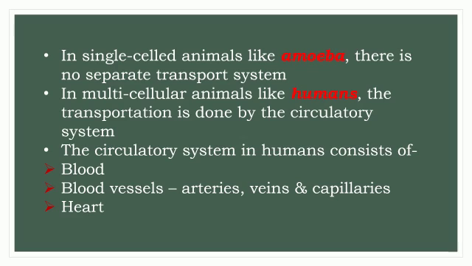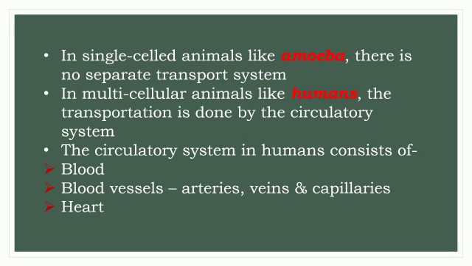In single-celled animals like amoeba, there is no separate transport system. About the amoeba, we are going to study later on in the same chapter. In multicellular animals like the humans, the transportation is done by the circulatory system. It means the humans have a proper circulatory system for the transportation of the substances.